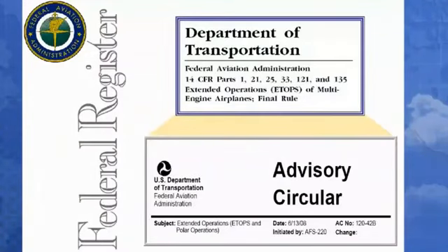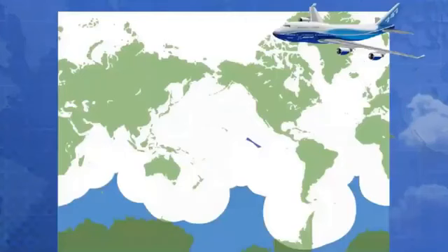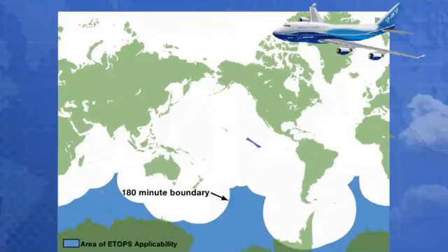ETOPS requirements have been codified in the 2007 FAA ETOPS Rule. Advisory Circular 120-42B provides additional guidance for operators to obtain ETOPS approval. Recognizing the sound safety principles of ETOPS, the FAA regulations have been expanded to include passenger airplanes with more than two engines.